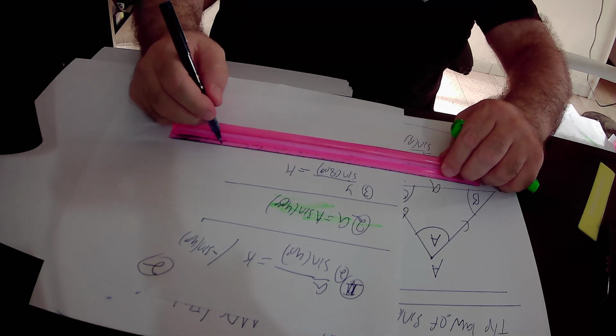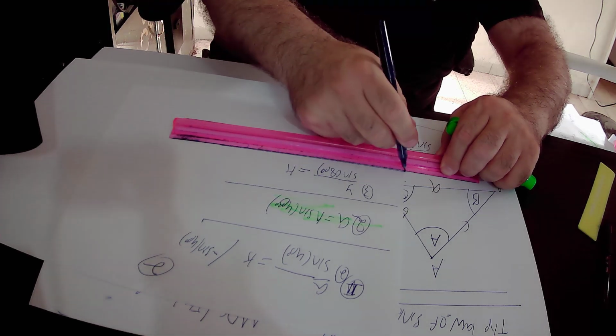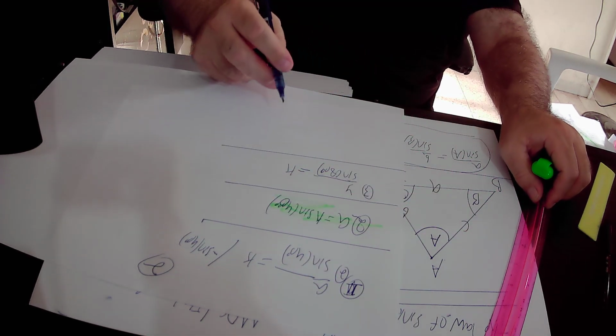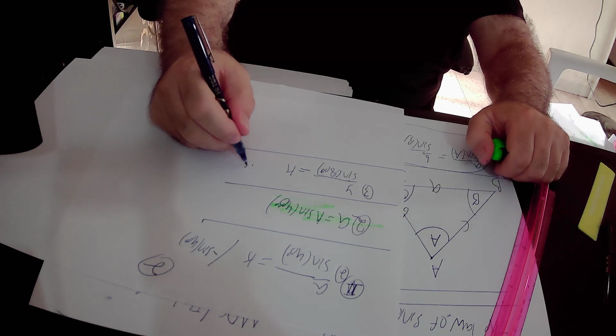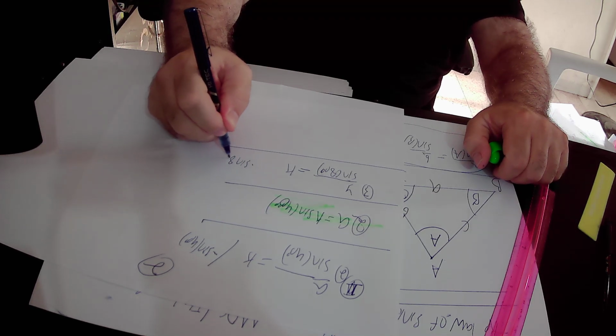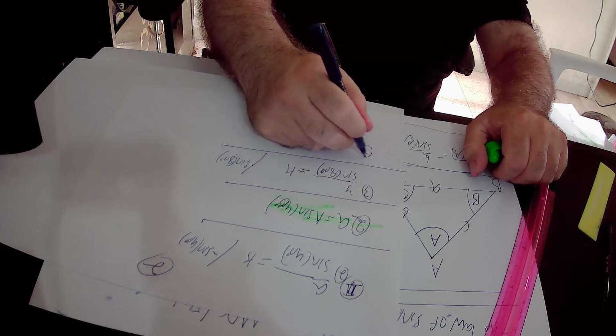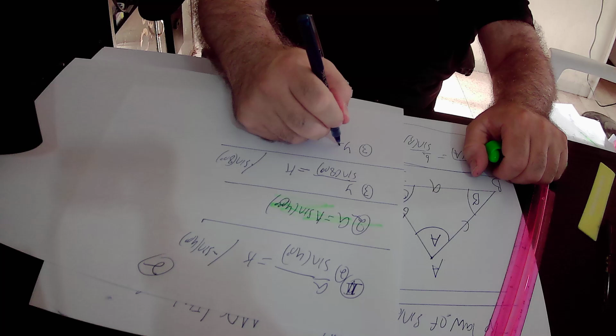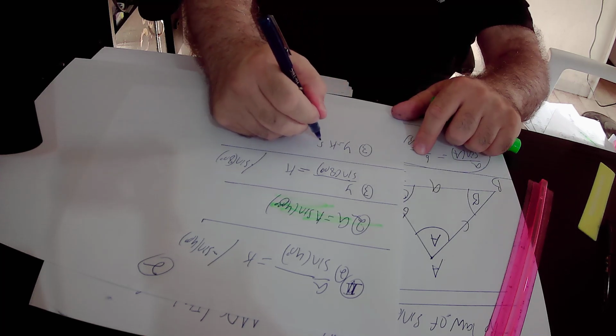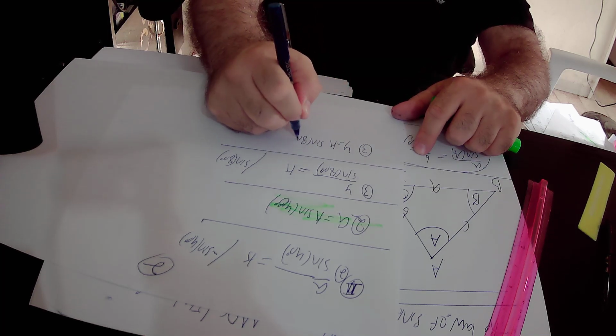So here we multiply this equation number 3 by sine 80 degrees, and we will get that according to equation number 3, y equals k times sine 80 degrees.